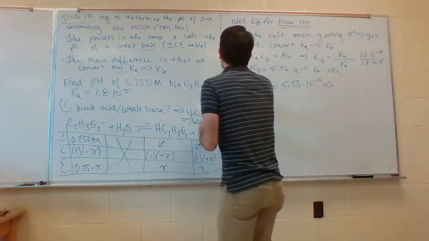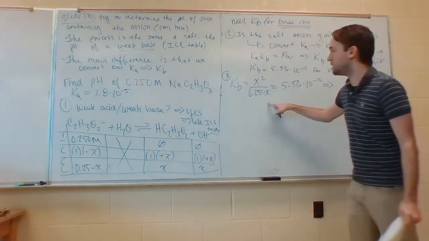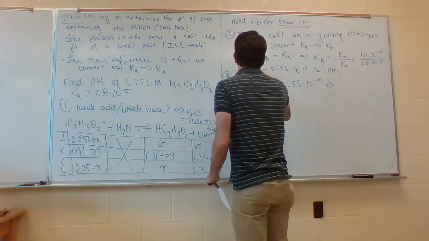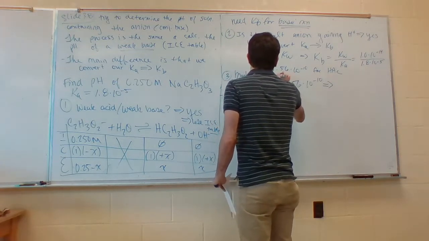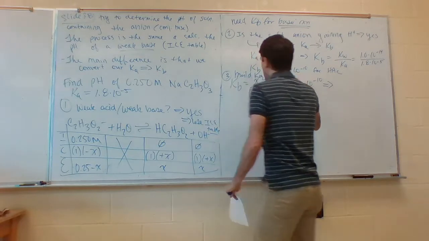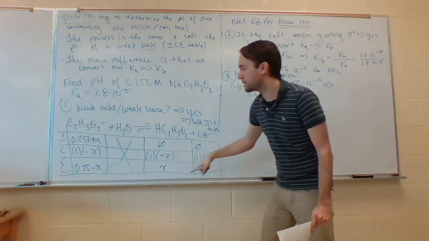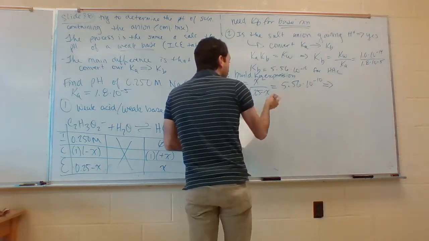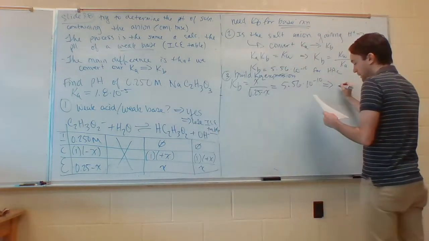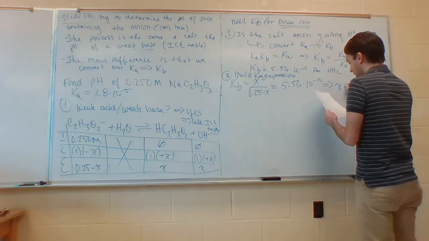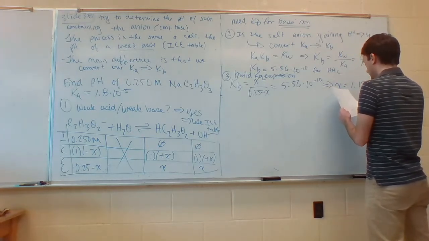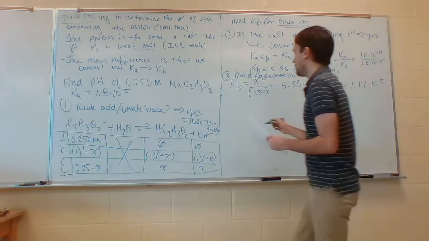And that's going to be step 3, which is to build our expression. Build your Kb expression, and we did that by taking our products divided by our reactants. Now this is going to allow me to get x is equal to 1.17 times 10 to the negative 5th.